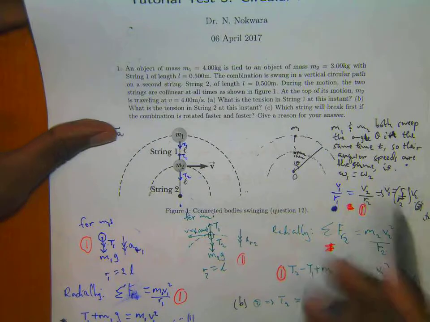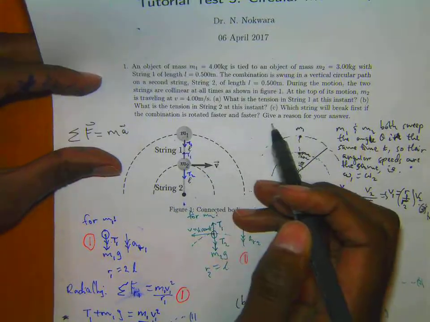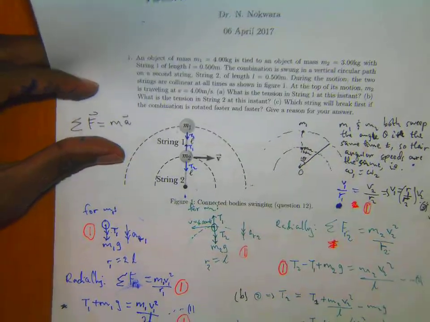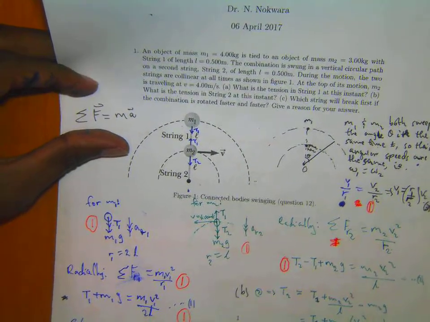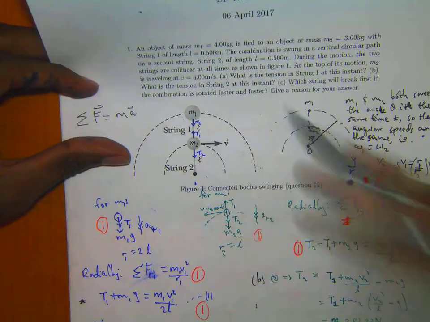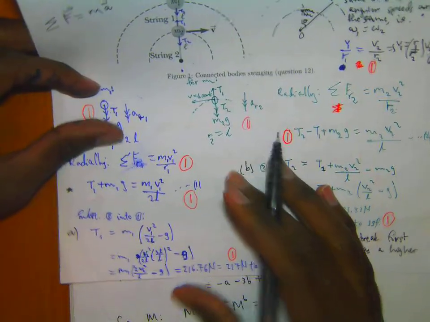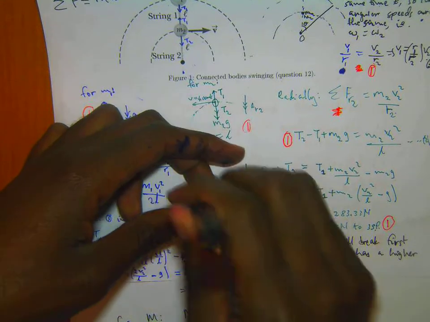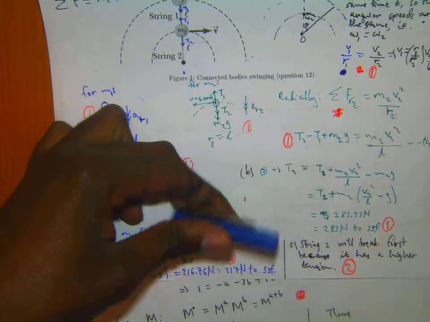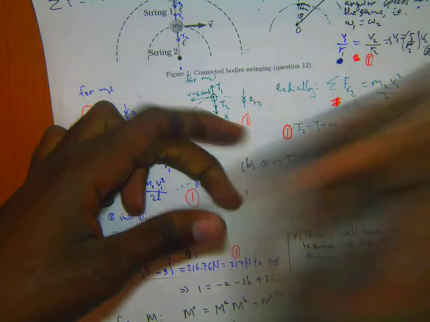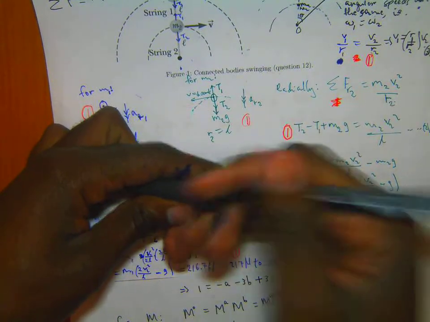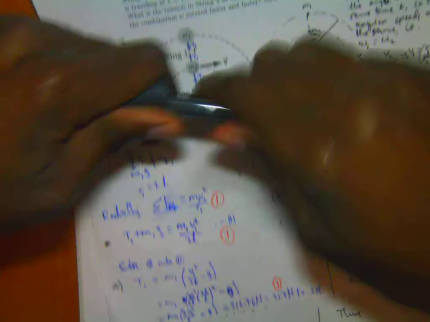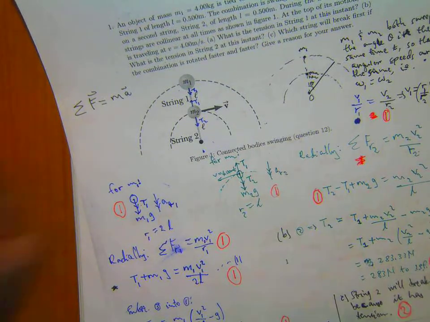The next part was which string will break first if they continue to move faster and faster, and you should give your reason. Before you know which string, how do you know which would break first? Bigger tension. What does it mean to have a tension? It means you are pulling it apart. So the one being pulled harder should break first if the two strings are identical, which is the case here.